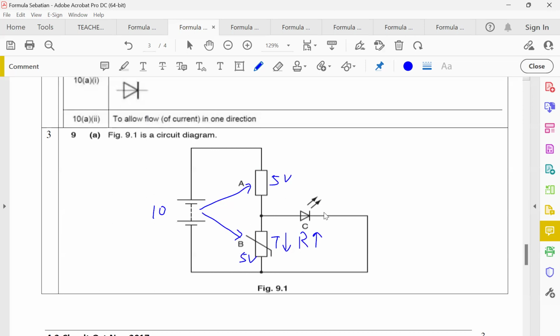So if this thing gets 5 volts, then this thing will also get 5 volts. When it receives 5 volts, for sure it meets the minimum threshold already. That's why the LED starts blinking. So this LED serves as a warning signal that the temperature is too low, and it will just start blinking. Like maybe your car engine also has the same thing, right? Your car engine can't run on cold, do you guys know?